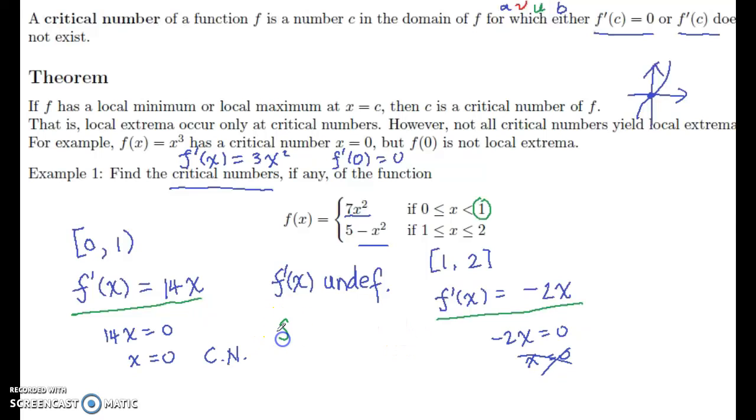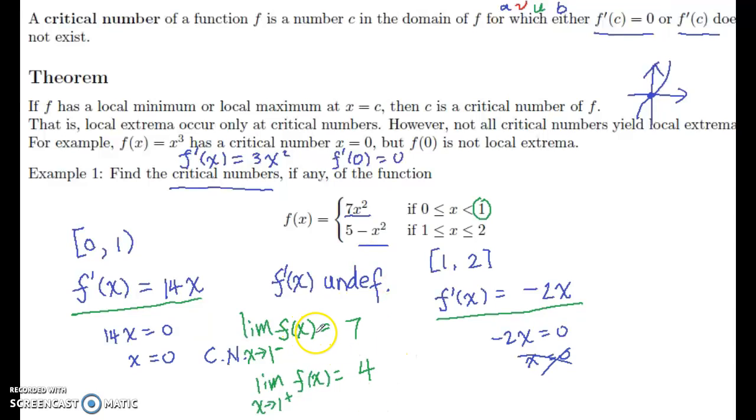When x equals 1, the limit as x approaches 1 from the left, less than 1 but approaching 1, we plug in the value right here: 7 times 1 squared is 7. But the limit as x approaches 1 from the right, f of x is 5 minus 1 squared, so it's 4.